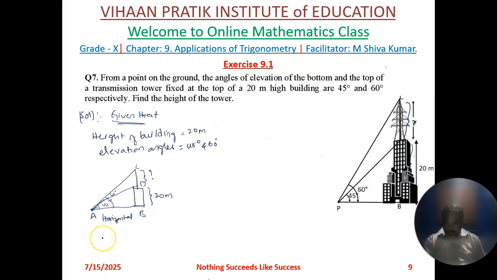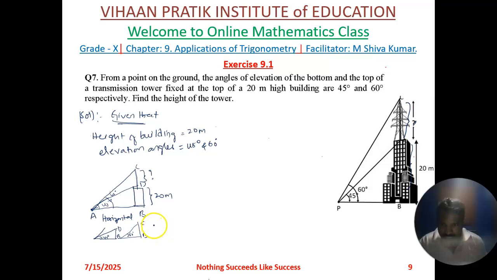So what we'll do, we'll split this into two triangles: one right angle triangle with an angle of elevation 45 degrees, another right angle triangle with an elevation of 60 degrees. In 45 degrees, we'll find out the value of DB. In 60 degrees, we'll find out the value of CB.